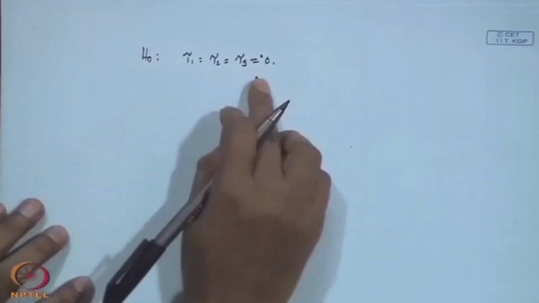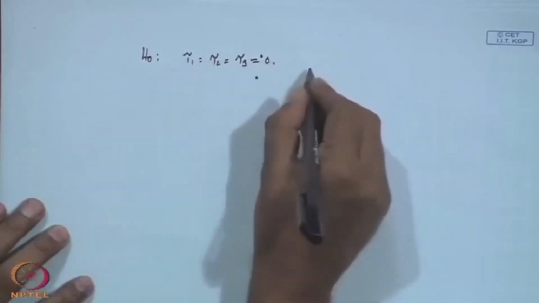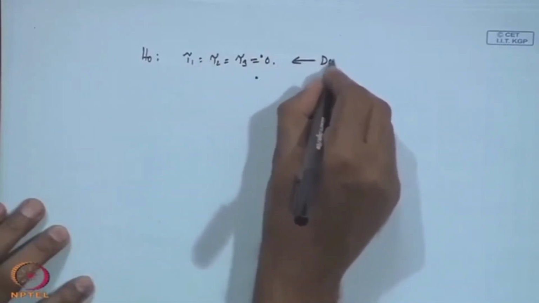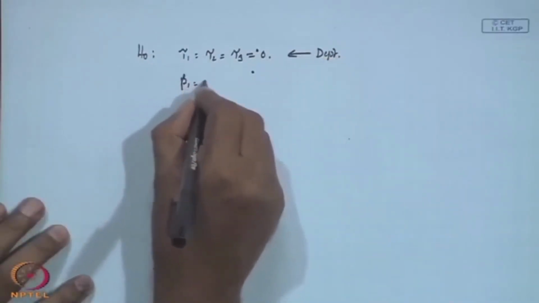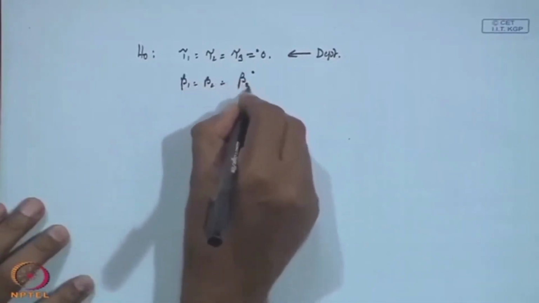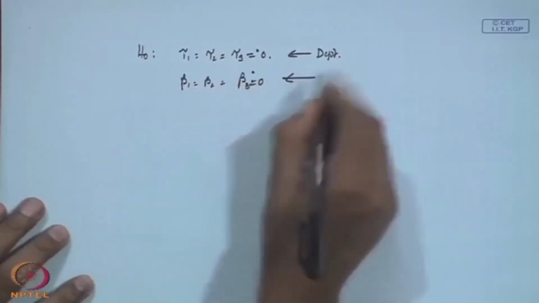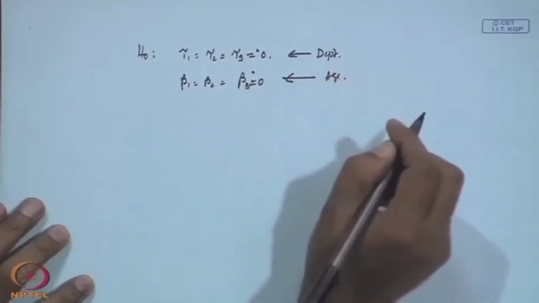I am not writing mu 1, mu, all those things. Then this is from the department point of view. Similarly, beta 1 equal to beta 2 equal to beta 3 equal to 0, that is from the age point of view.